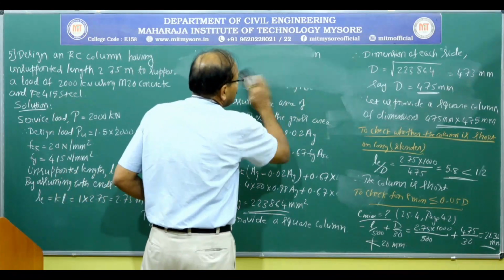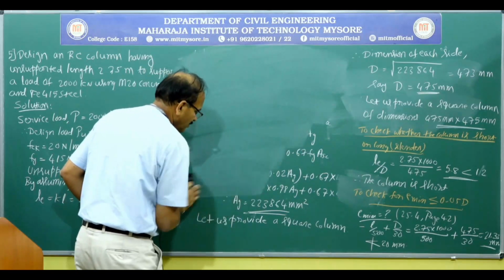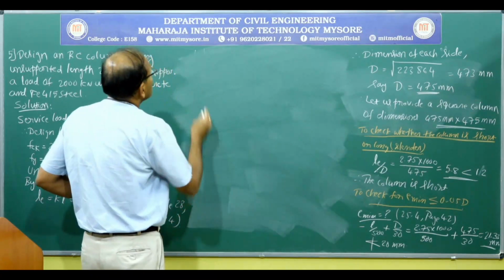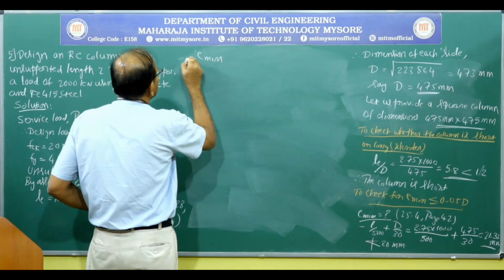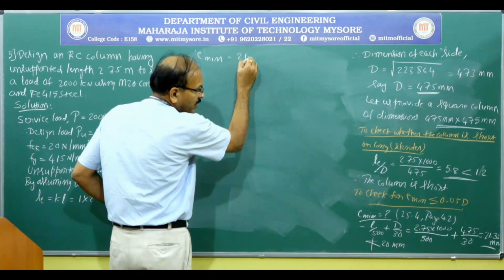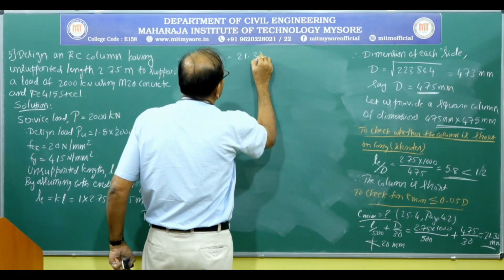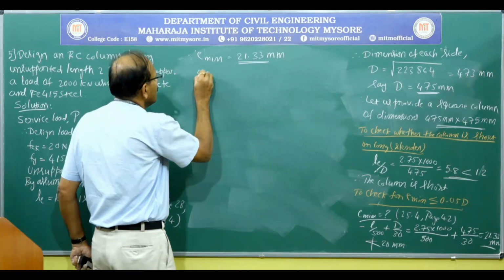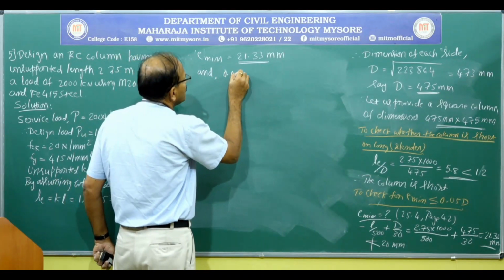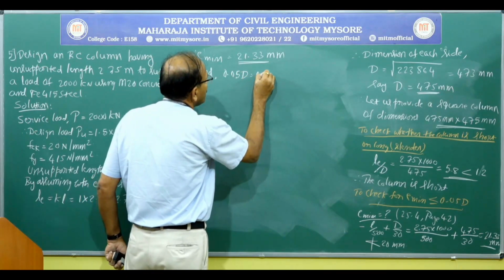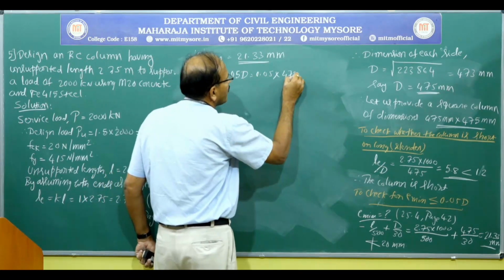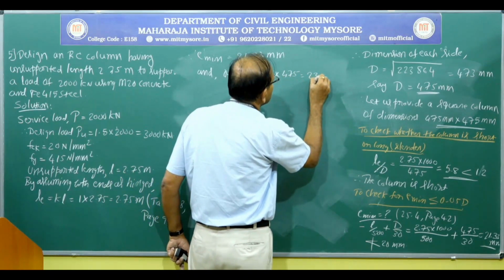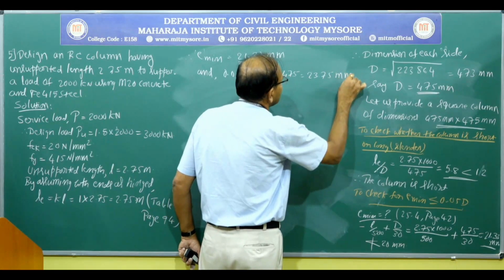So going further, therefore e minimum equal to 21.33 millimeter, and 0.05 D equal to 0.05 into 475, that is 23.75 millimeter.